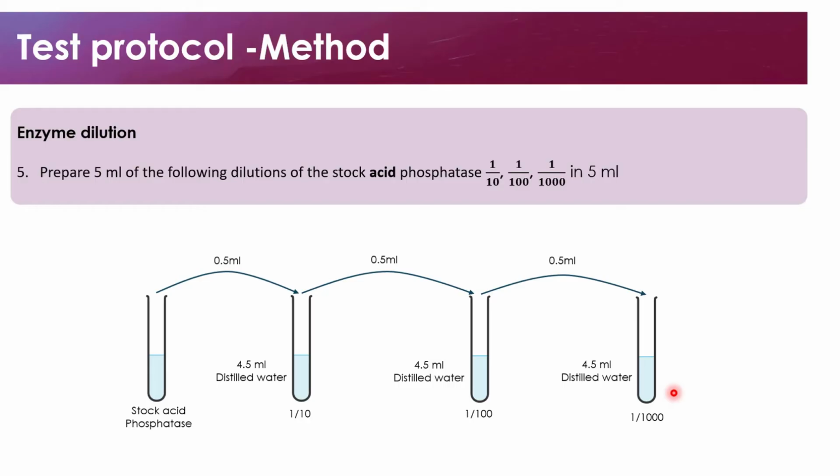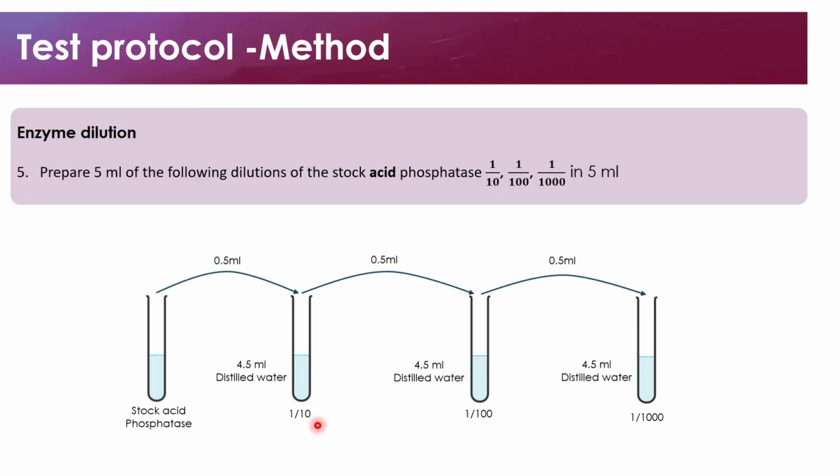So once we are done with the substrate buffer preparation and the addition of our inhibitor, the next thing to do is to dilute our enzyme. So we prepare 5 ml of the following dilutions from the stock acid phosphatase. That is 1 in 10, 1 in 100, and 1 in 1000. To prepare the 1 in 10 dilution, we pick from our stock acid phosphatase 0.5 ml and add to 4.5 ml of distilled water.